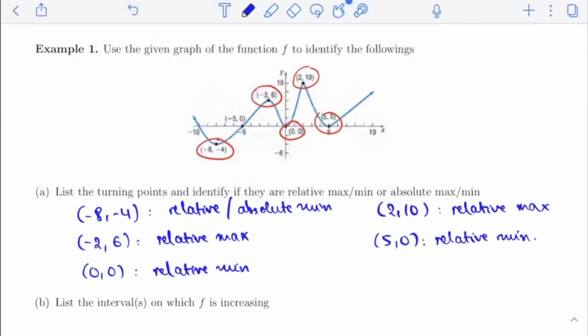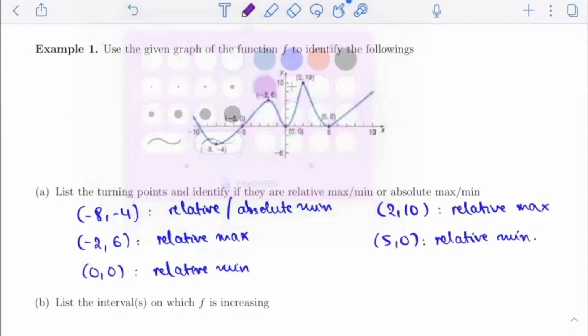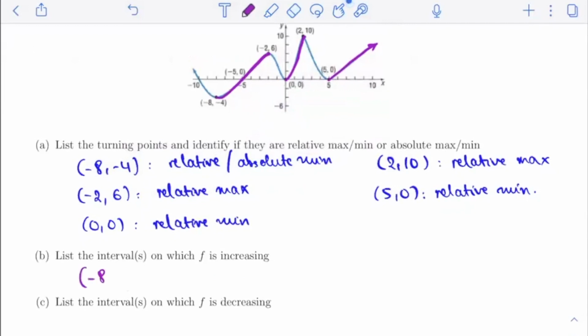Next question, by looking at the graph, we can list out the intervals on which f is increasing. So the function is increasing on the intervals from negative 8 to negative 2, from 0 to 2, and from 5 to positive infinity.